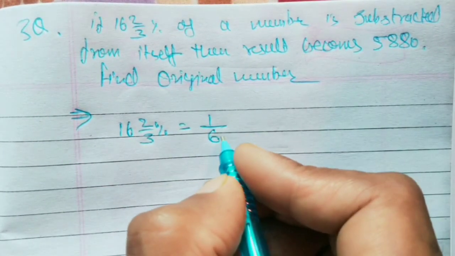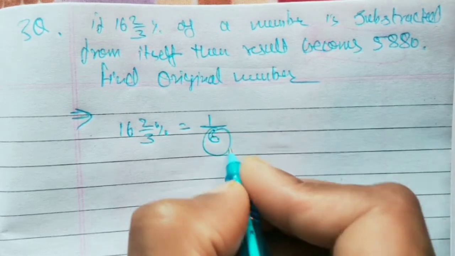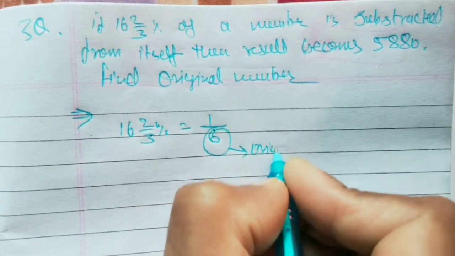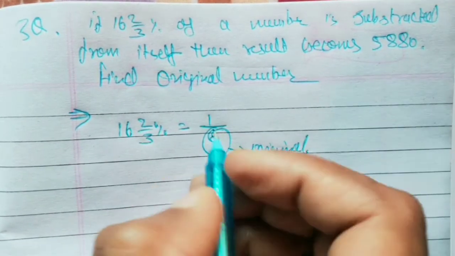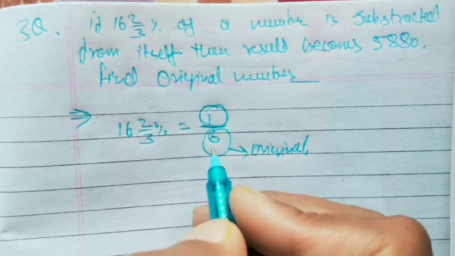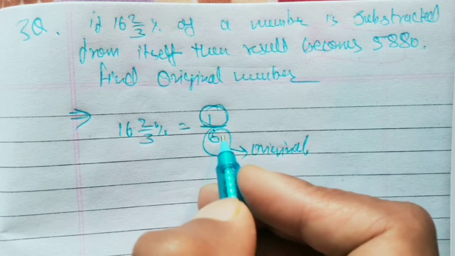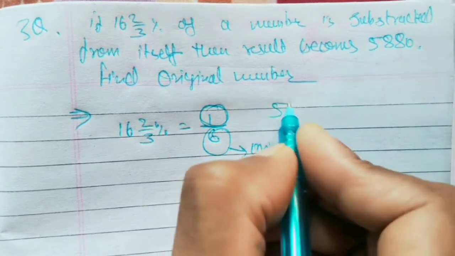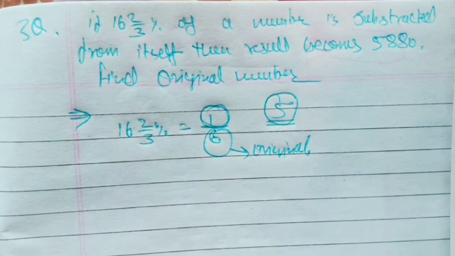So if the original number is 6, there will be a decrement of 1 unit on every 6 units. So after decrement the new number will be 6 minus 1, that is 5.